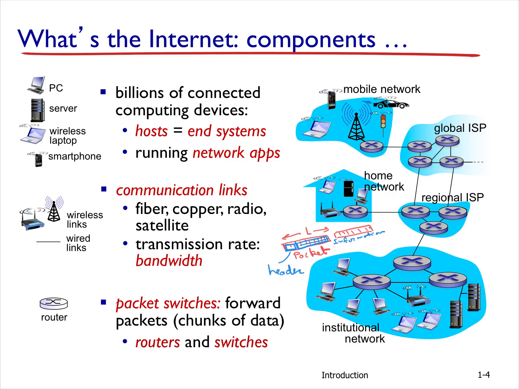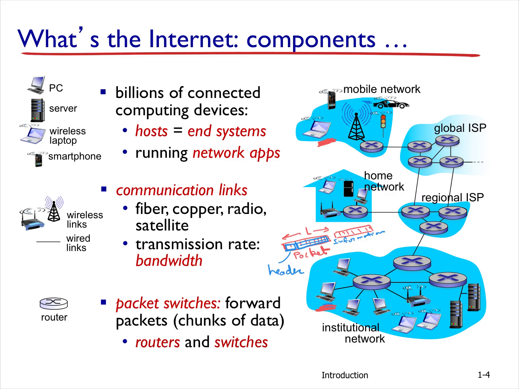Now, in order to send data from a particular source to a particular destination, so if you want, for example, to communicate from this node to this node, right? There are two ways to define how the data will go from a source to destination.